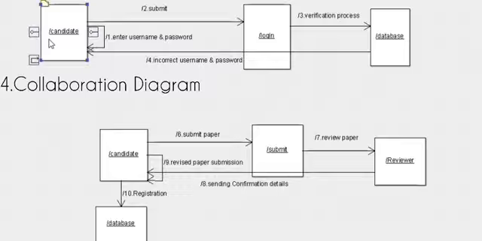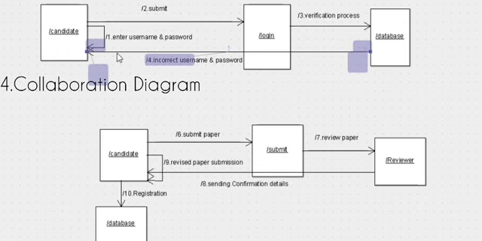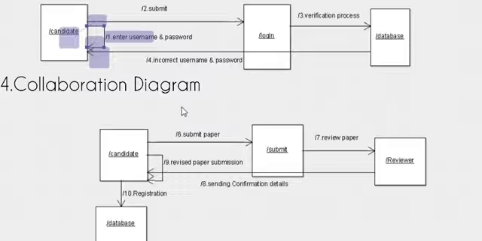This is the collaboration diagram. The collaboration diagram focuses on organization and links. These rectangles are the objects, that is candidate, login, database, and submit. These are the reviewer. These are all the objects, and actors are stick figures, that is the human or external systems that initiate the interaction, and links.